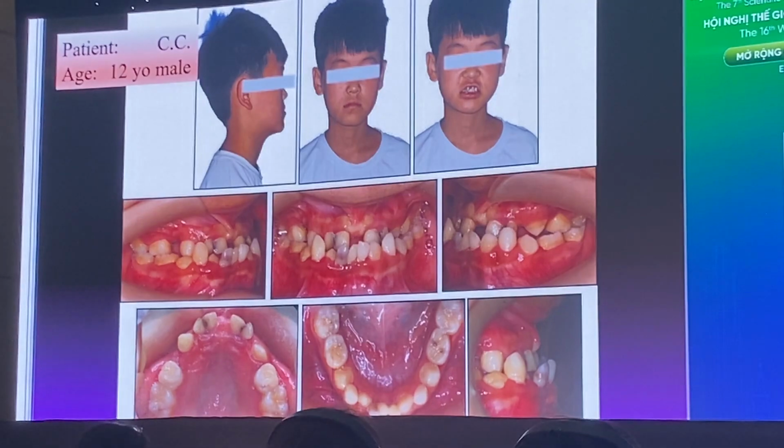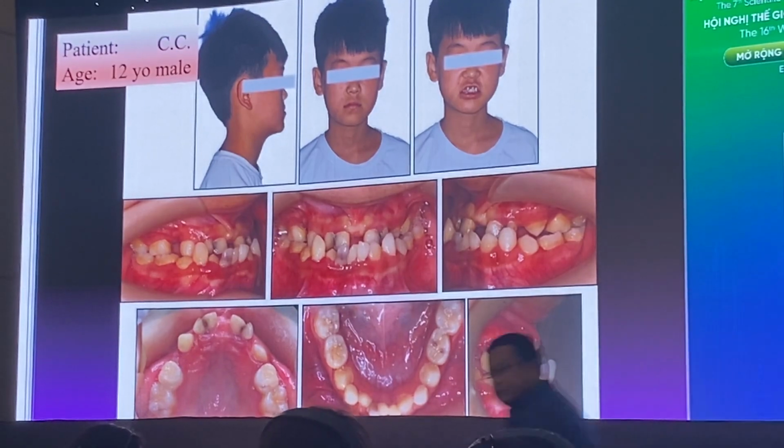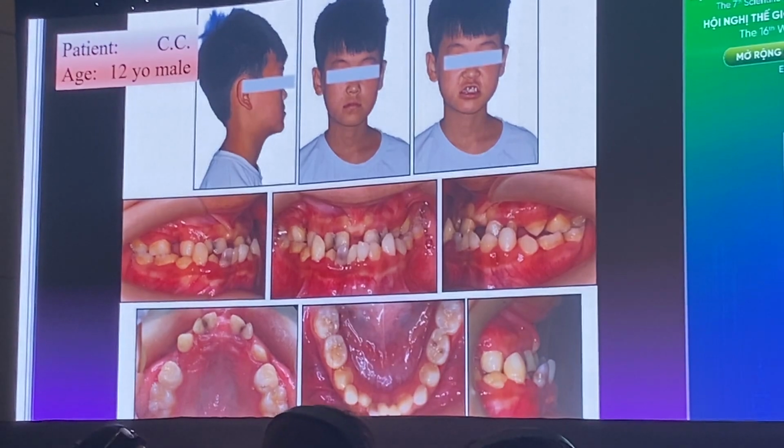And this little boy also has maxillary deficiency, right? Both the width and the anterior posterior. What would you do? Are you going to use clear aligners? Well, he's 12 years old. He's past what? 7, 11. So that's not good, okay? Clear aligner is not good. So what are you going to do?